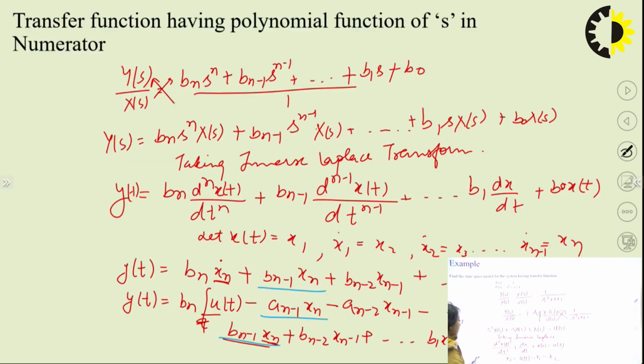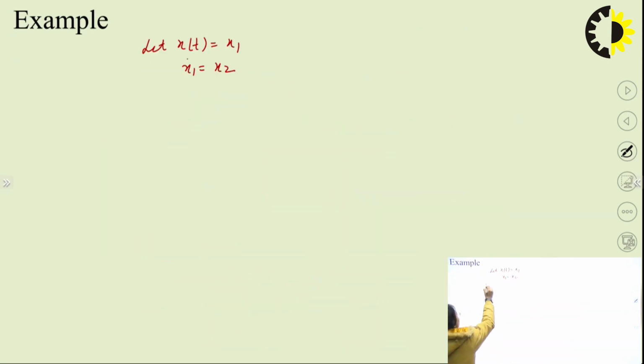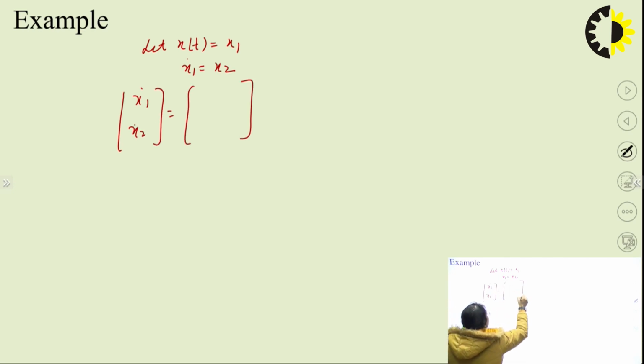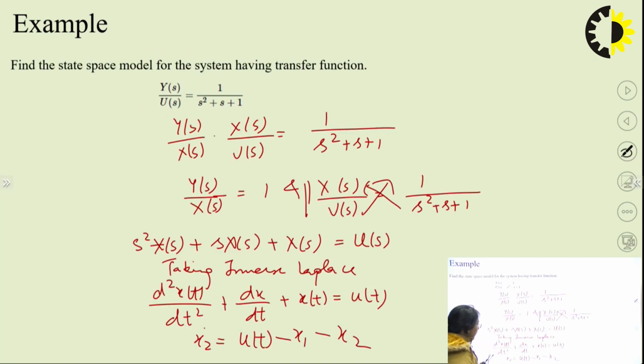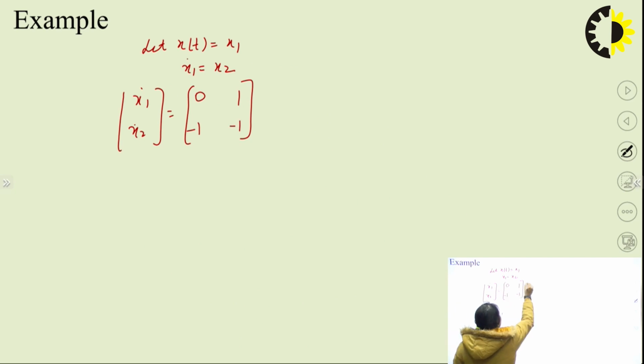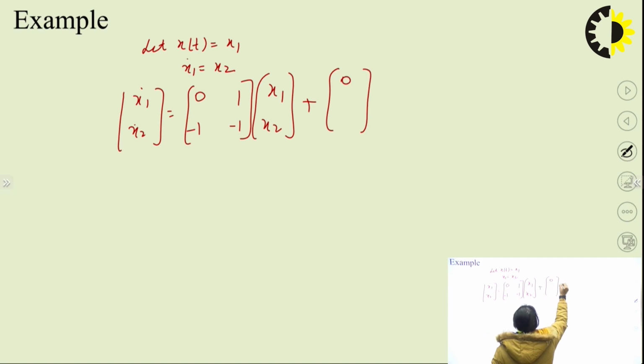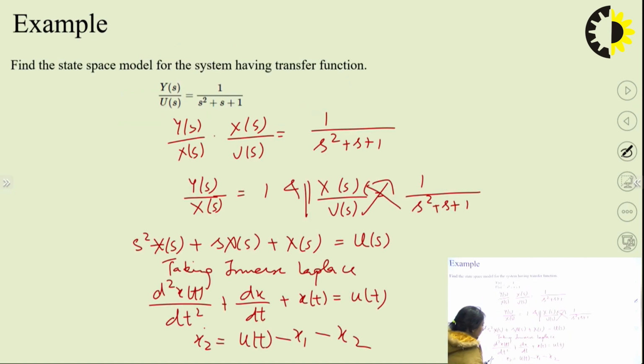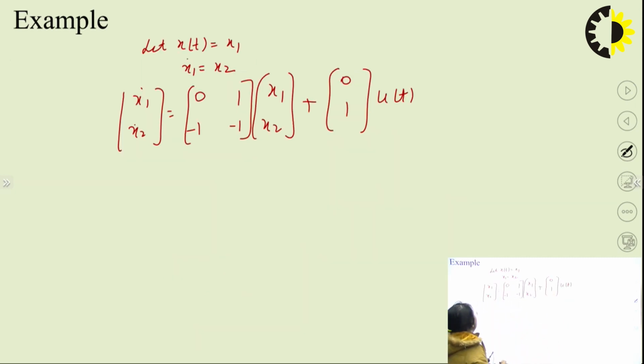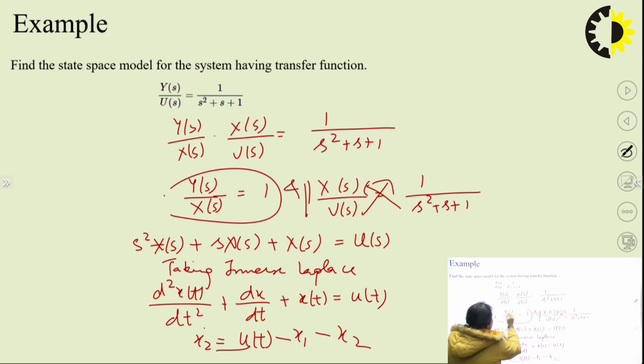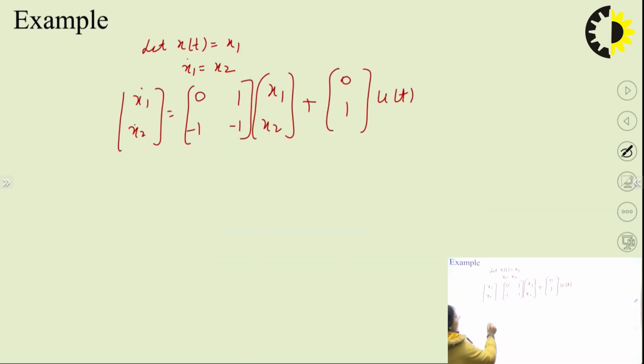So I can write out the state model: x1 dot, x2 dot will be equal to [0 1; minus 1 minus 1] times x1 x2 plus B into u. था ना, इसमें तो 0 आ रहा है और यहाँ क्या टर्म आ रहा है हमारा, this is 1, coefficient is 1 here, so I am writing here 1. ठीक है. And now the second one is this: Ys is equal to Ys upon Xs, which is equal to 1.